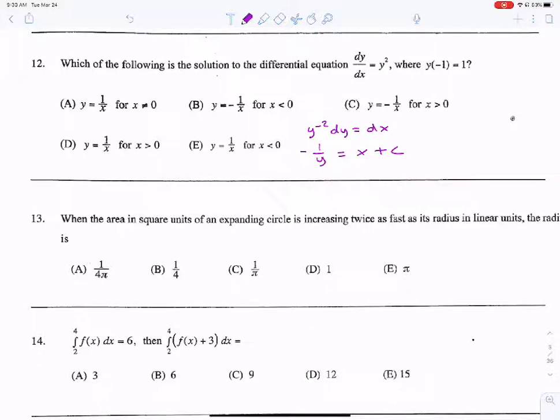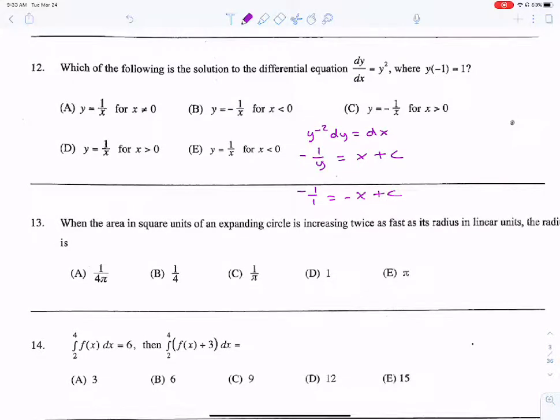So first off, they say when x equals -1, y equals 1. So if we were to plug in, I can do it right off the bat. Let's plug in -1 for x, so it's y of -1. Actually, I'm sorry, I don't know why I'm doing that.